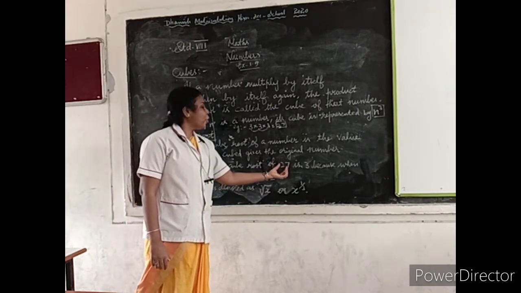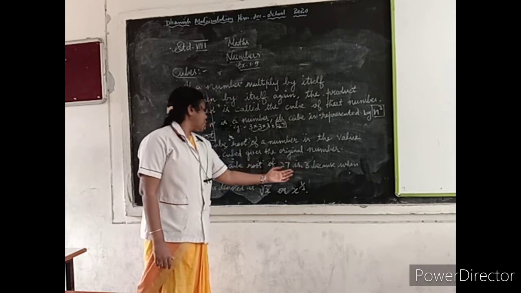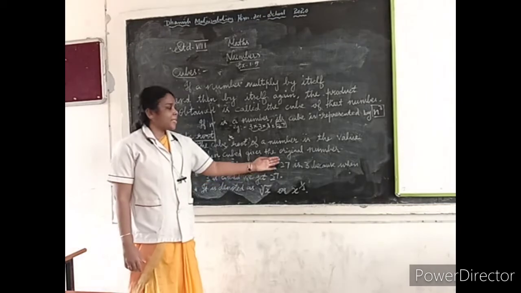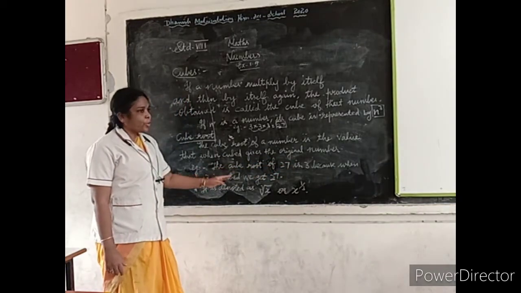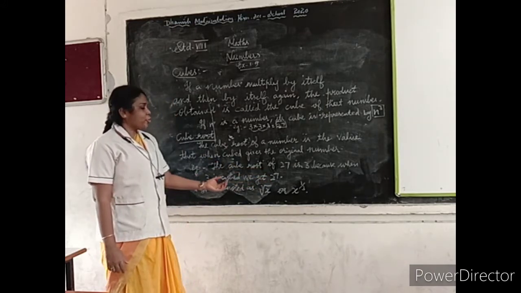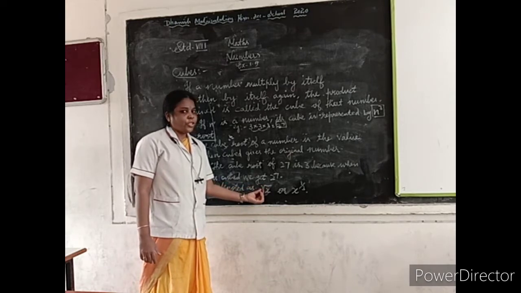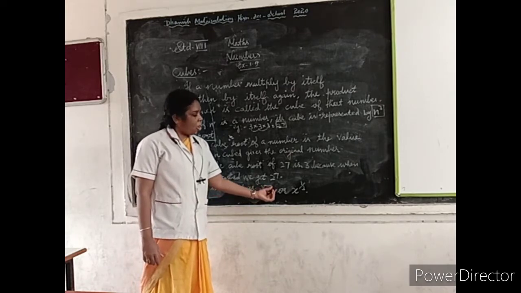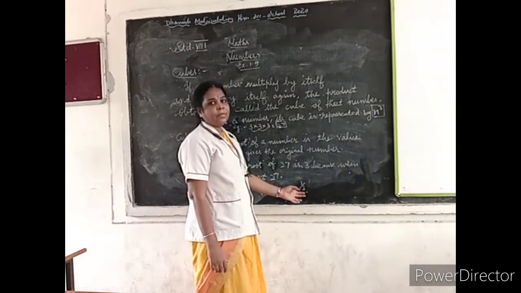Have you understood? The cube root of 27 is 3, because when 3 is cubed, we get 27. And it is denoted by the cube root of x, where you have to mention 3, or x power 1 by 3.